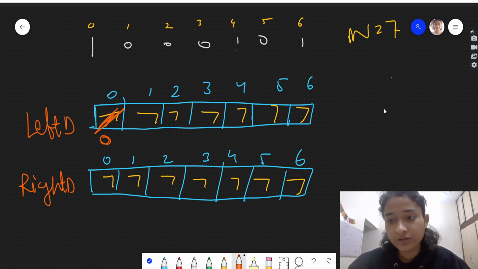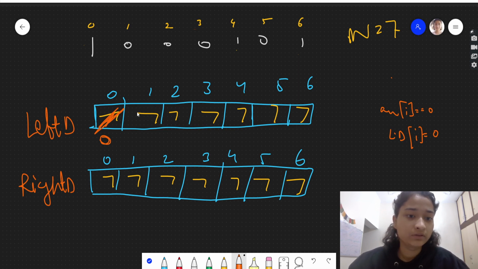So means if over here ARR of I is already 1, then over here the left distance array will have value 0. Then over here, at this position, this is 0. So we need to find out what is the distance between this seat and the closest one. So it will be the previous distance of this seat plus 1.